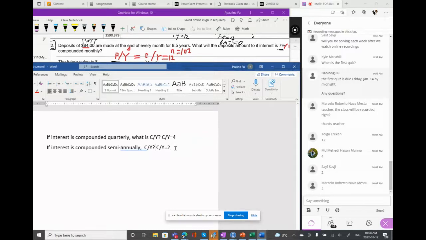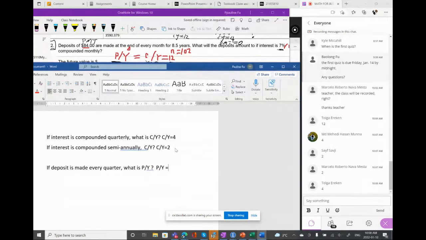Now, another question. If a deposit is made every quarter, what is PY? Can you type in your answer in the chat area? Toga, PY is 4. Excellent. PY represents how many deposits will be made in 1 year.